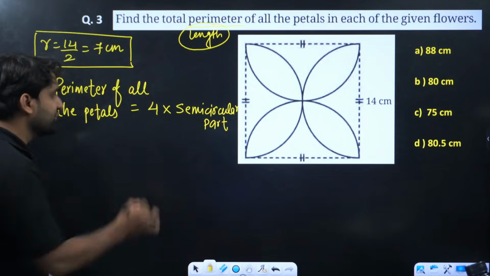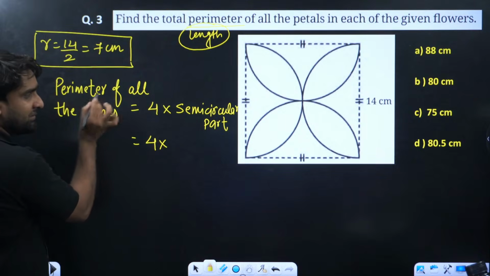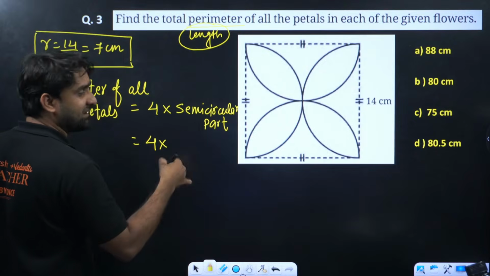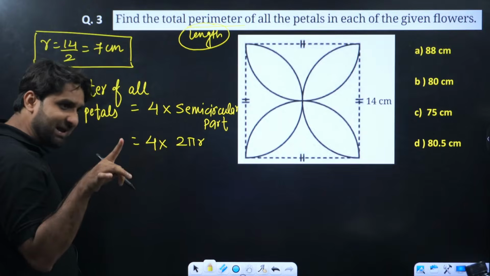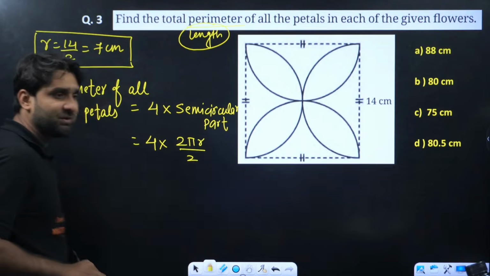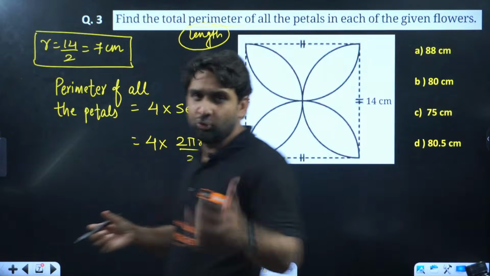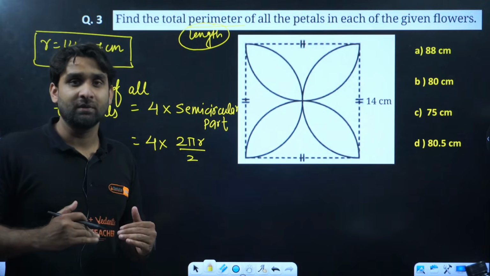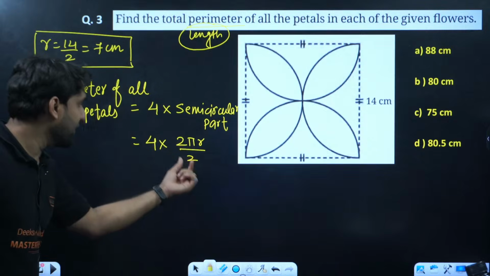Clear everyone? So my dear champions, we are dealing with perimeter. 2 pi r is the perimeter of the entire circle, but we want the semicircle. So 2 pi r divided by 2. Getting my point? To get the length of a semicircle, 2 pi r by 2, because a semicircle is exactly half of the circle.